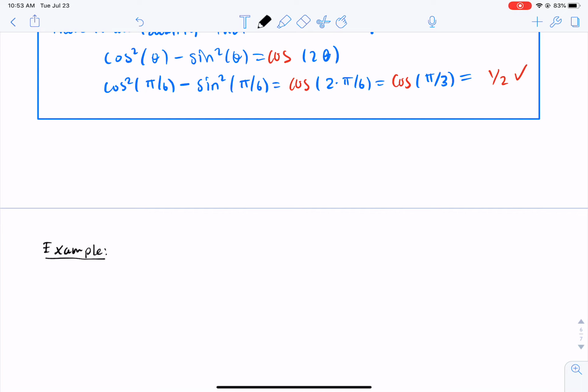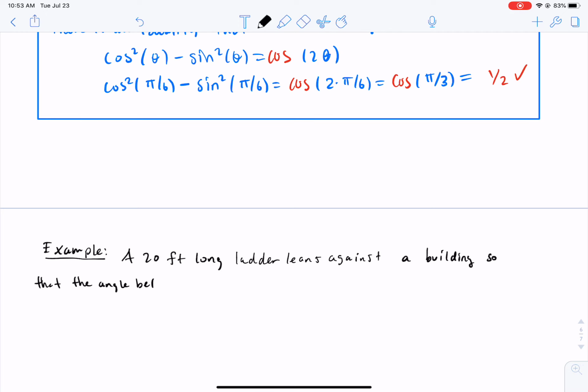Suppose that a 20 feet long ladder leans against a building so that the angle between the ground and the ladder is, say, 23 degrees.